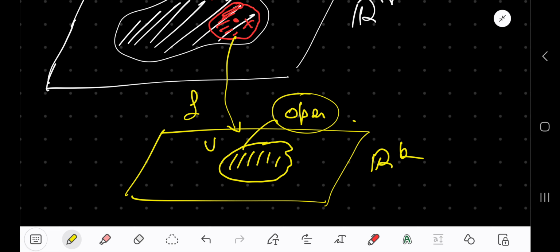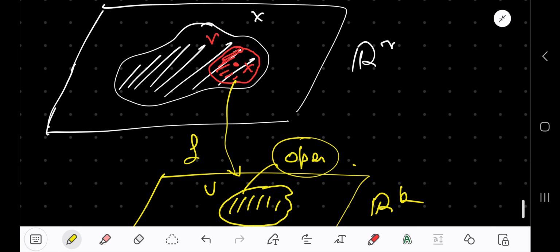Locally given. So in a simpler sense, if you take X and choose any arbitrary point from X, then the neighborhood of that point will seem to be exactly an open set in the k-dimensional space.